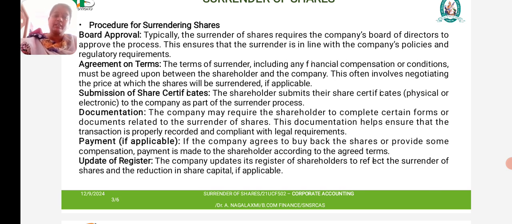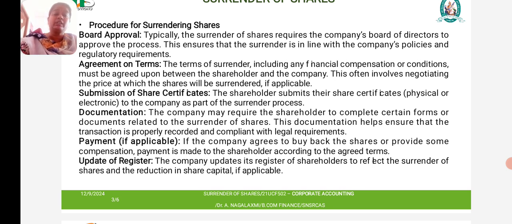Submission of share certificates. The shareholder submits their share certificate, physically or electronically, to the company as a part of the surrender process. Documentation. The company may require the shareholder to complete certain forms or documents required for surrender of shares.